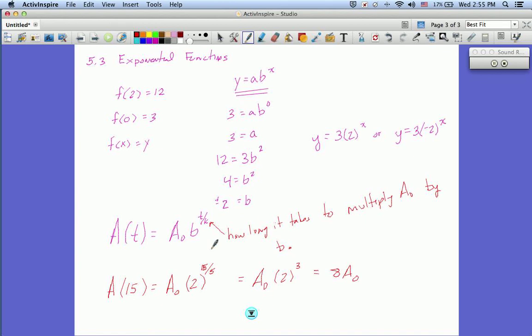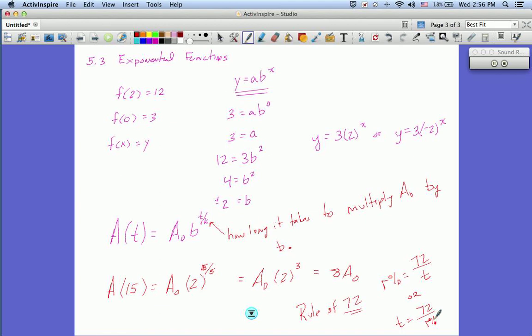Okay, the other big piece of section 5.3 was the rule of 72. Remember the rule of 72 says that your interest rate, or percent, will equal 72 divided by your time, or your time will equal 72 divided by r percent. Remember, this is the only time you don't write the percentage as a decimal.